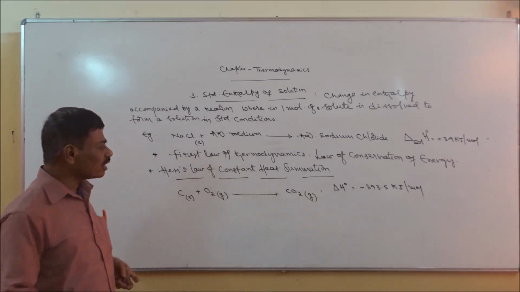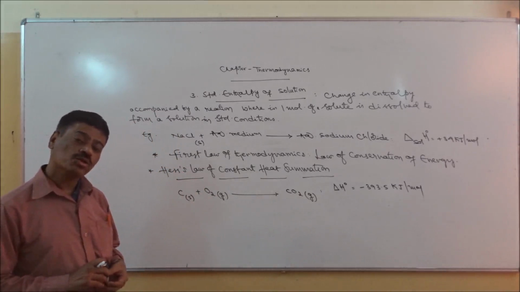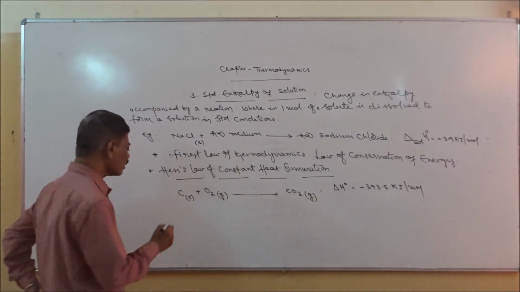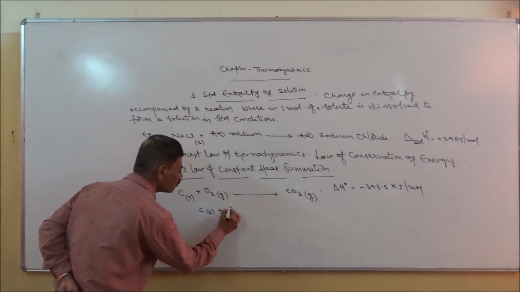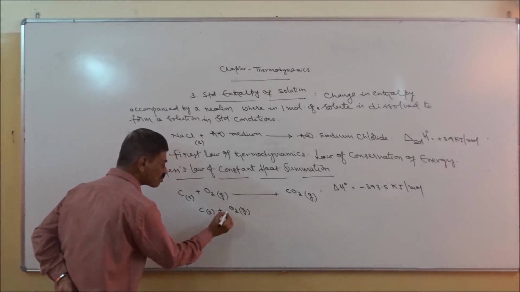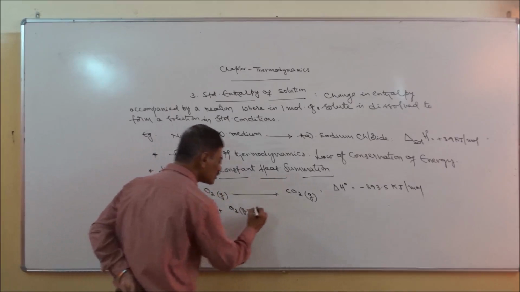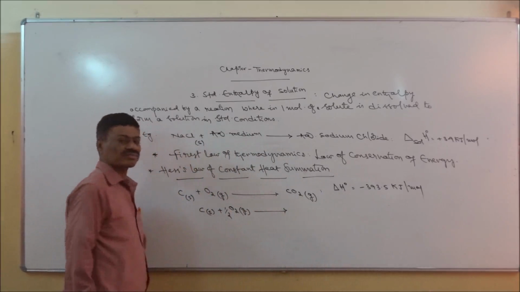When the same reaction occurs in two steps, like carbon solid will combine with insufficient amount of oxygen, a half mole O2.